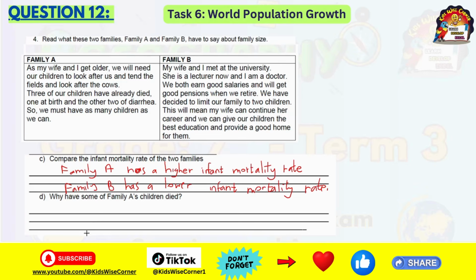Why have some of family A's children died? They died from poor health care and diseases like diarrhea.